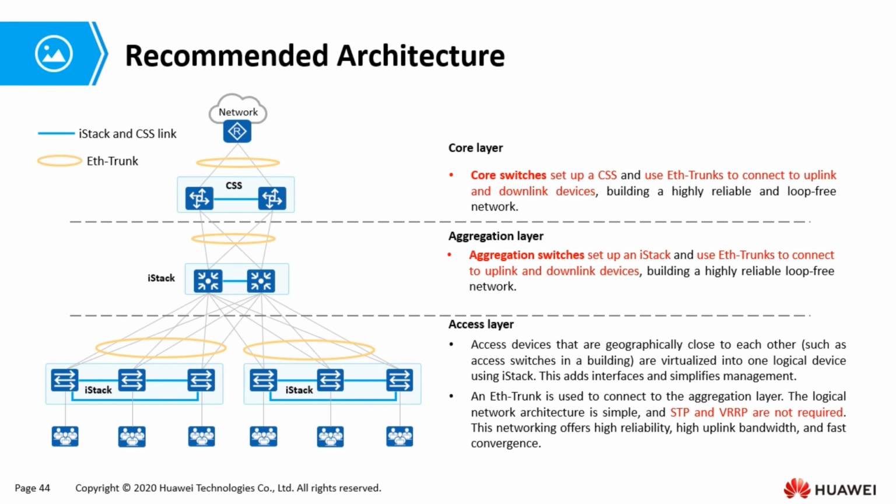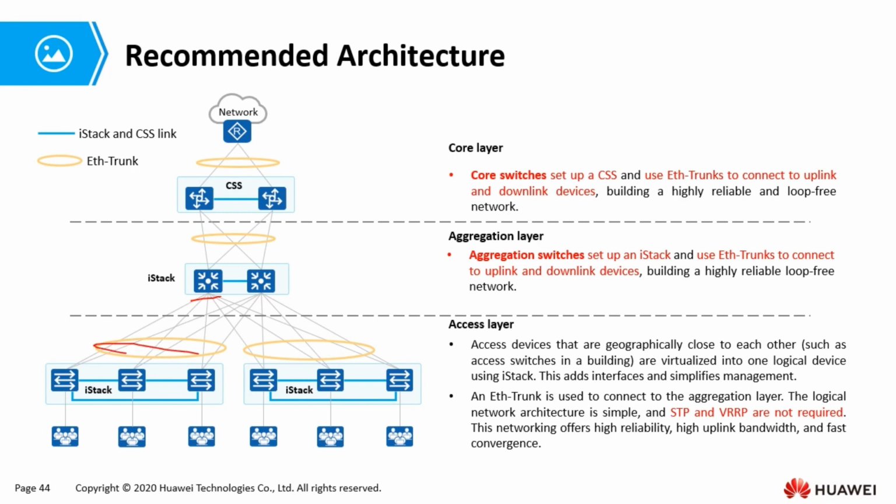At the core layer, you set up your CSS and use Eth-Trunk to connect the uplink and downlink devices. At the aggregation layer, you use iStack.